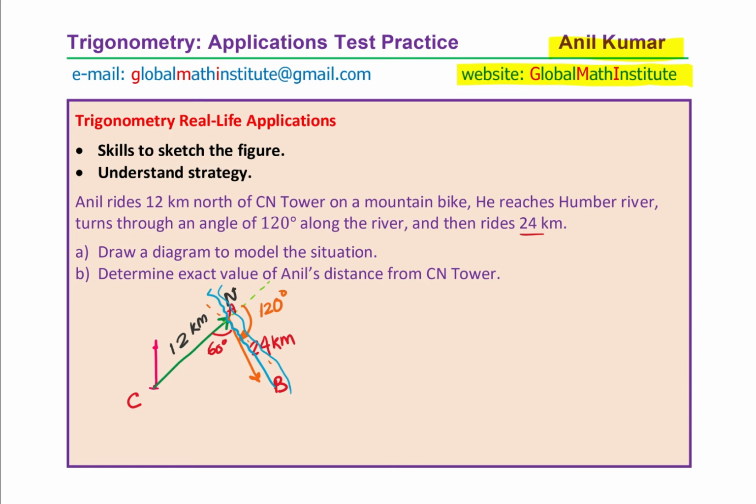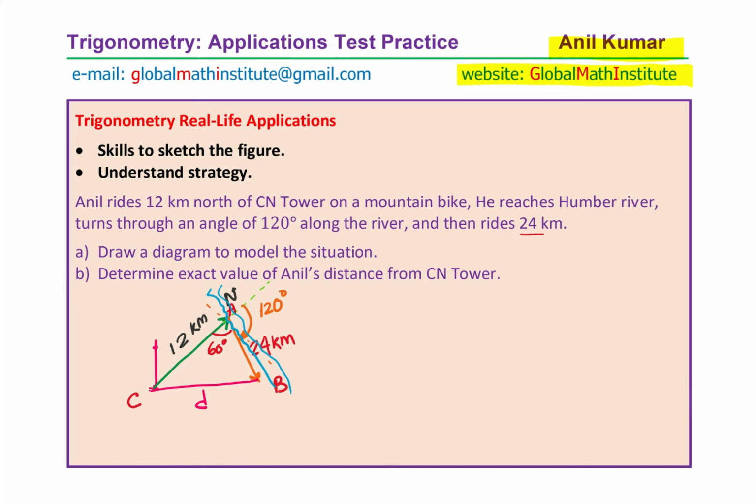Now we need to figure out the exact value of the distance from CN Tower, that distance C to B. Let's call this D, which is what you need to find out.